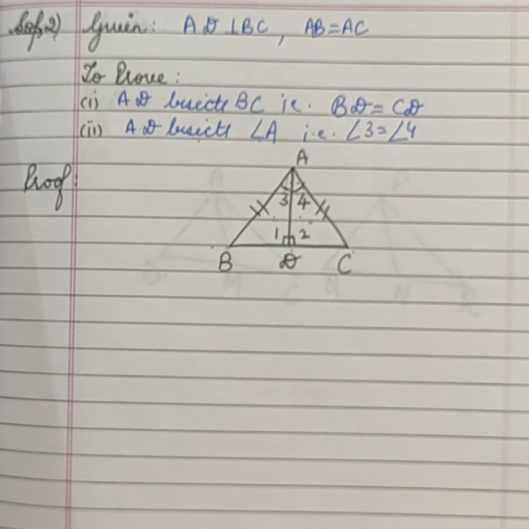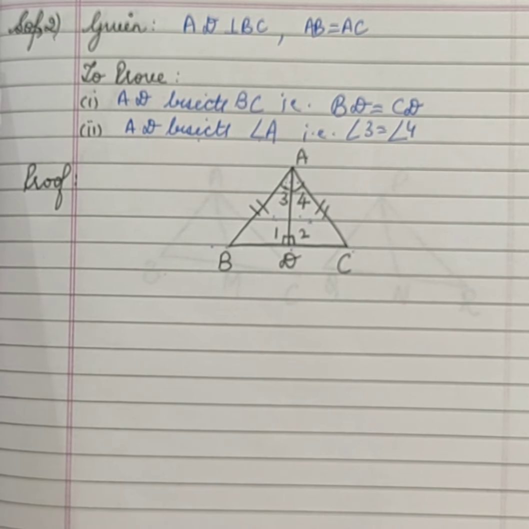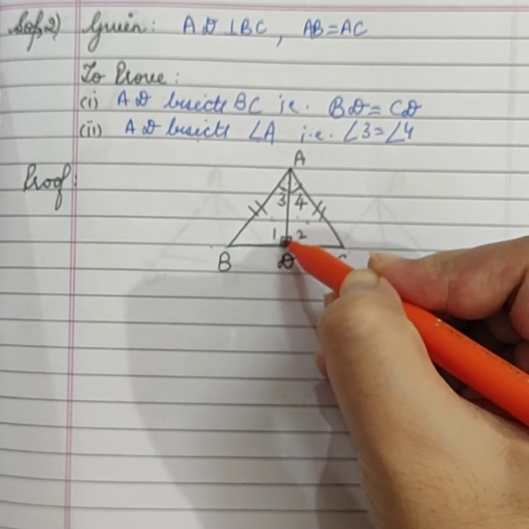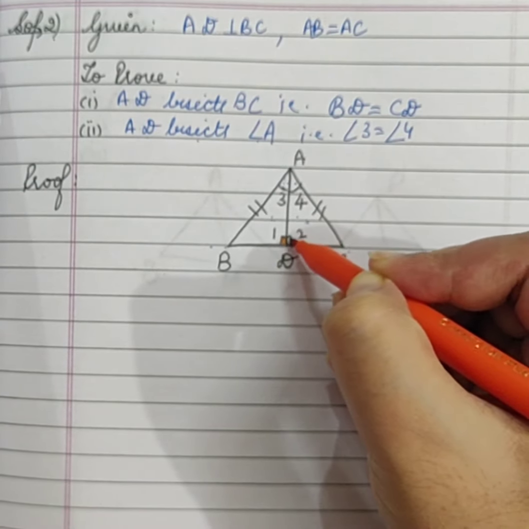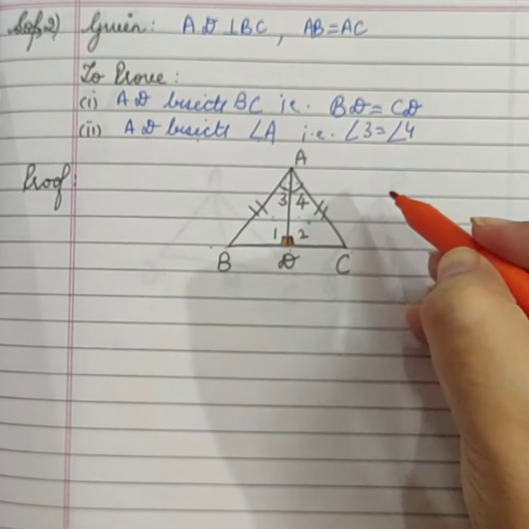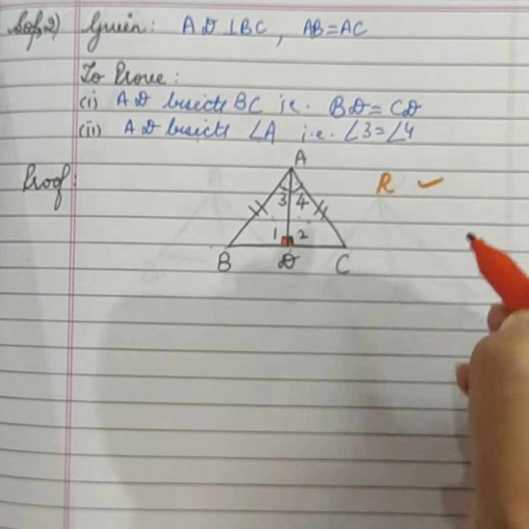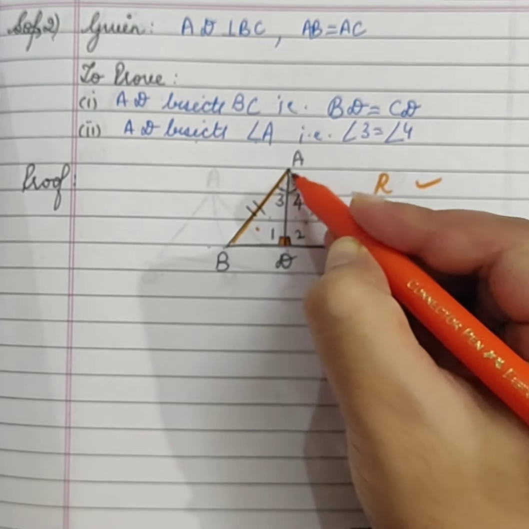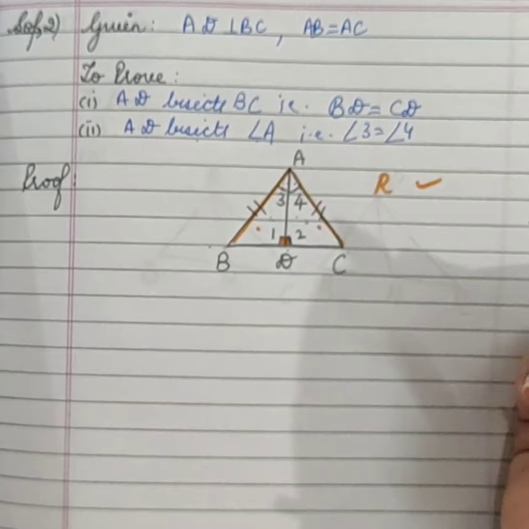Now, how to prove these two triangles as congruent? See, let's find the three conditions. 90 degrees is here, 90 degrees is here also. That means R condition is there. Hypotenuse of this triangle is equal to hypotenuse of this triangle.